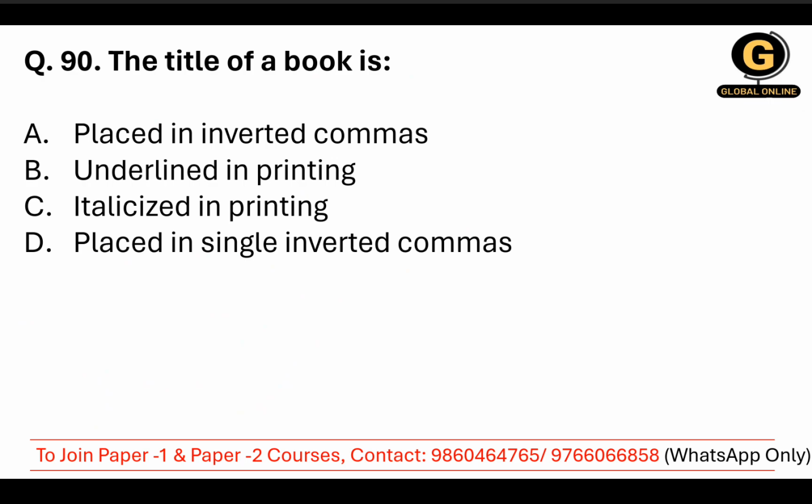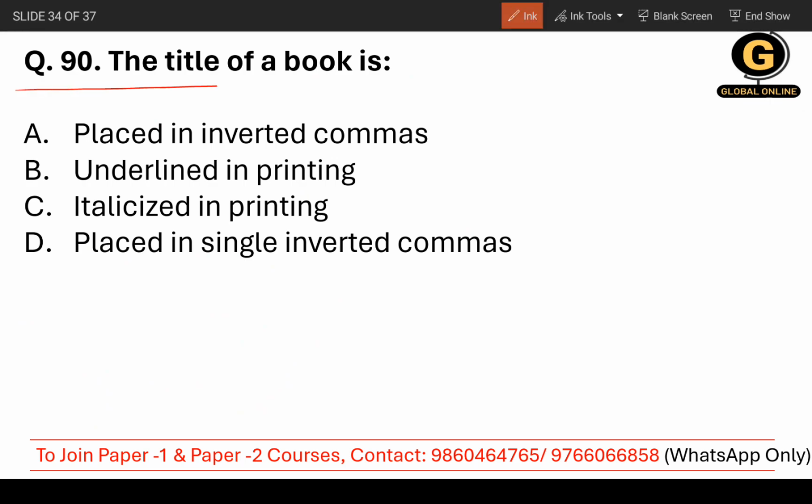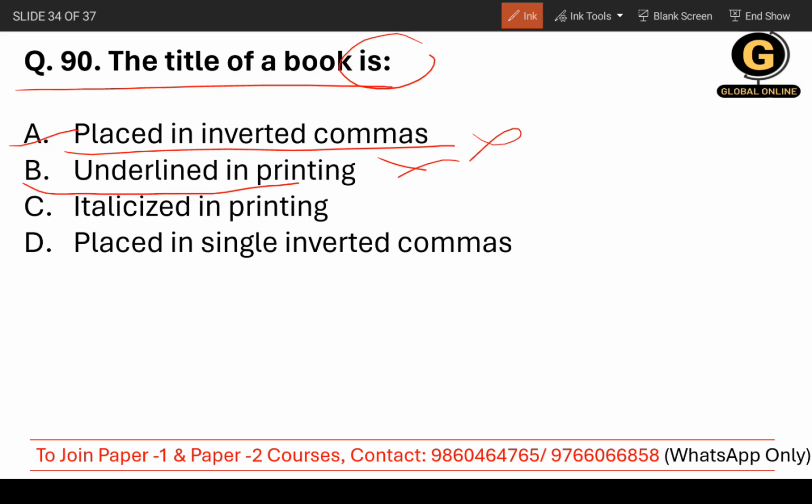Moving on to question number 90. The title of a book is. See, whether it's placed in inverted commas, of course it is placed in inverted commas, but only when a book's title is a part of a larger title. So we will not include it. Underlined in printing, not every time.